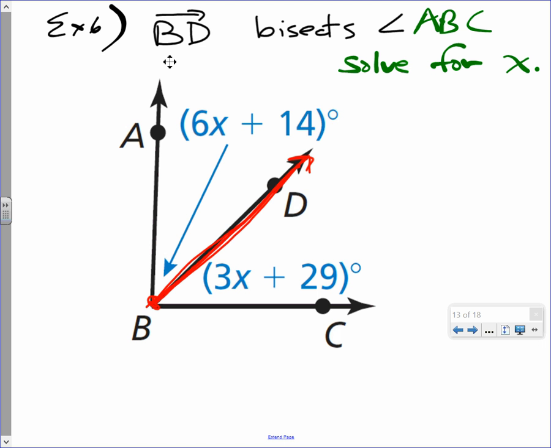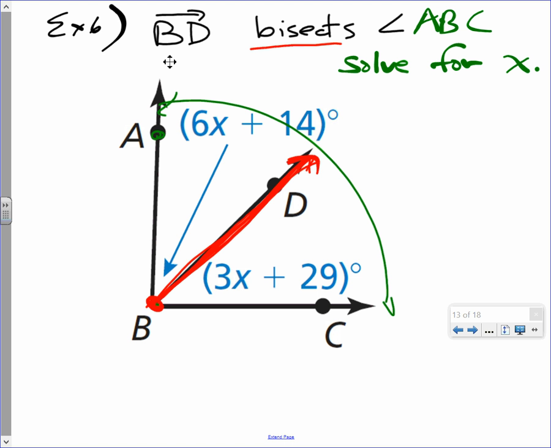So ray BD begins at B and goes on forever. And I'm saying, look, it bisects angle ABC. ABC is the big angle, from here all the way over here. I'm saying that ray bisects it. What does bisect mean from the vocab?